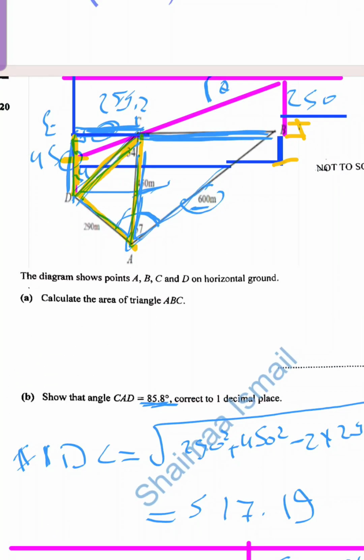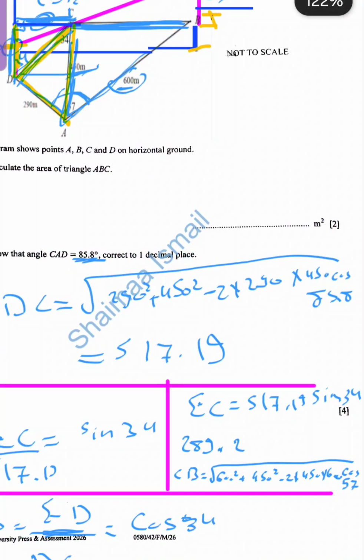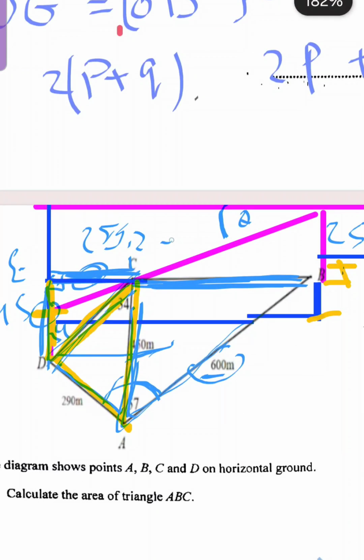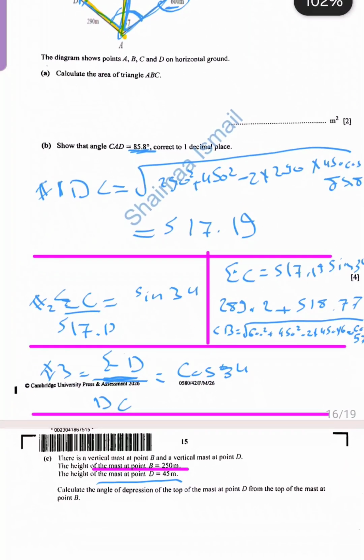So this will be equal to 518.77, which we have to add here. So this will be 518, and all this part will be 289 plus 518. We're going to use it by the end.